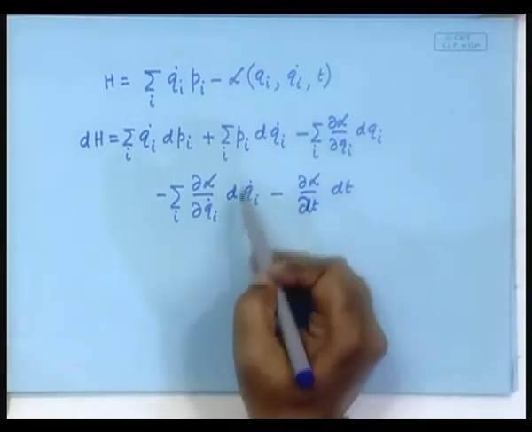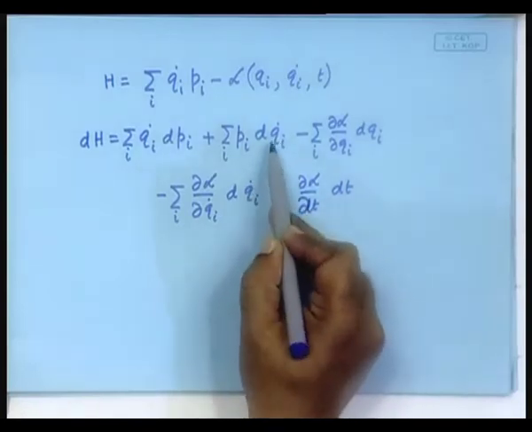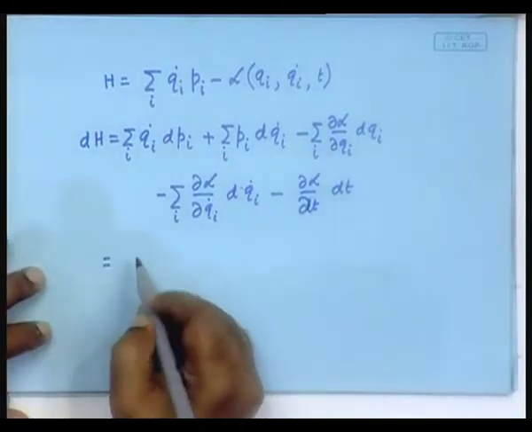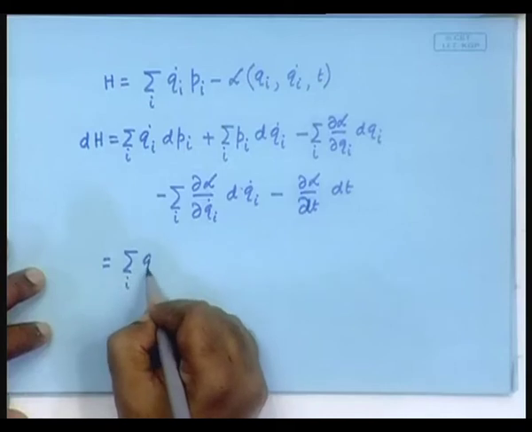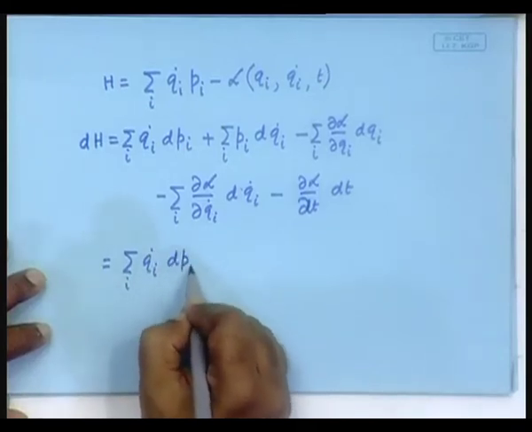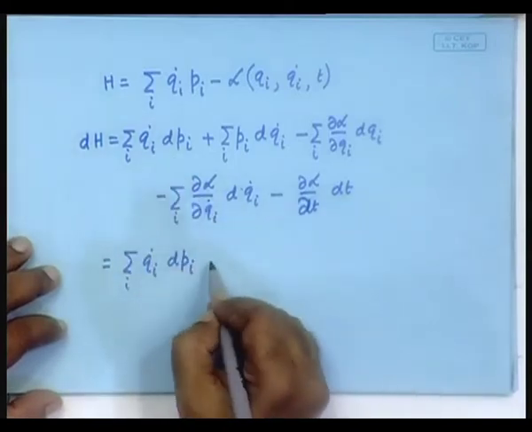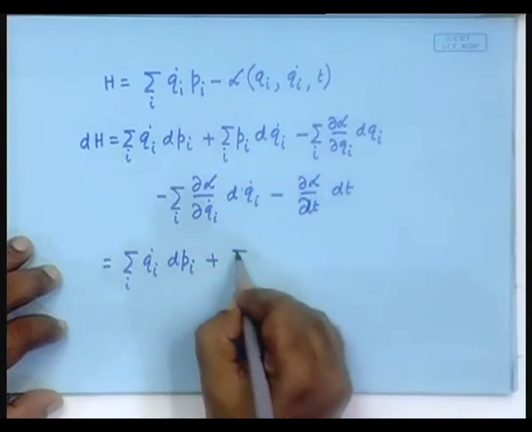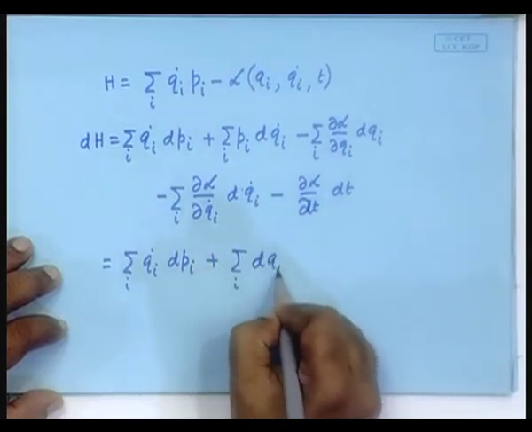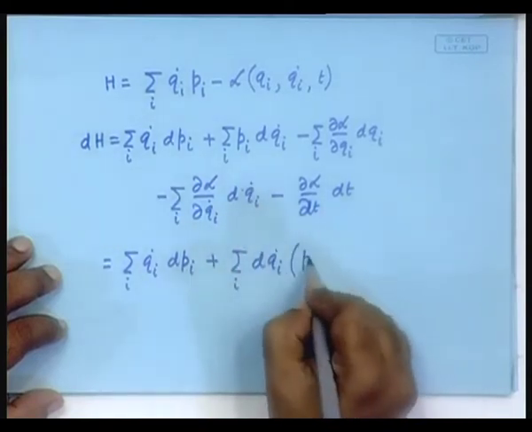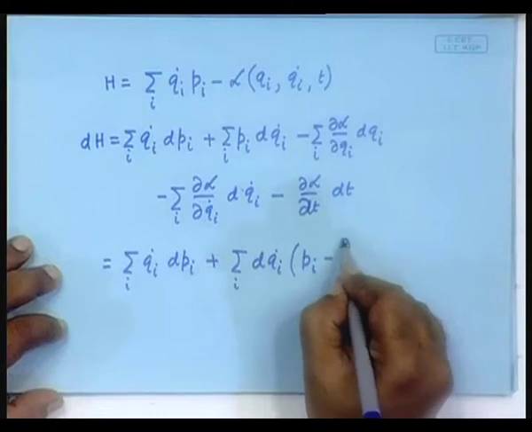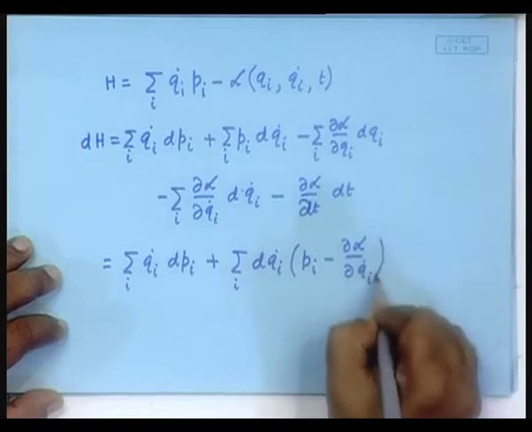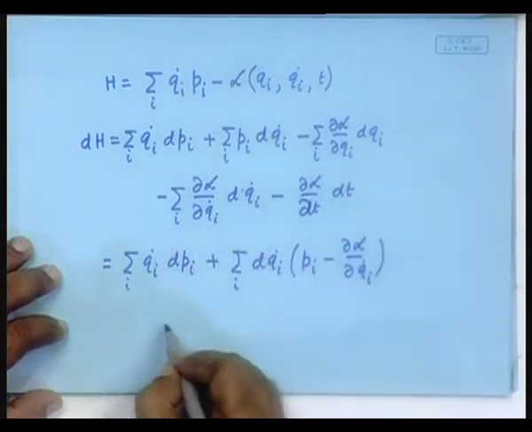Now, notice there are two terms involving dqi dot, and we can take them common. So, if you take them common, you have the first term qi dot dpi plus, first let us take them common, it is summed over i, dqi dot, and then inside the bracket it will be pi minus the derivative of the Lagrangian with respect to qi dot, then the rest of the terms remain.